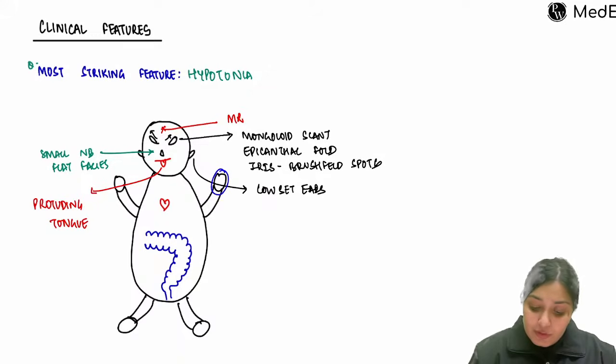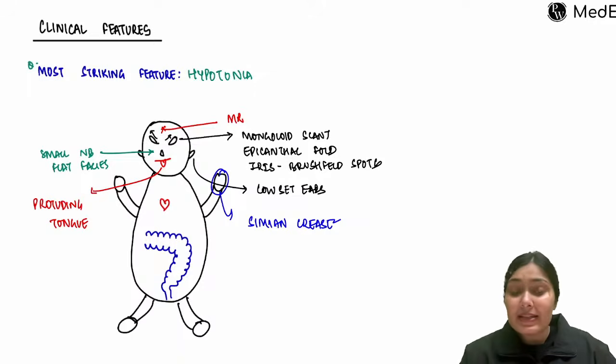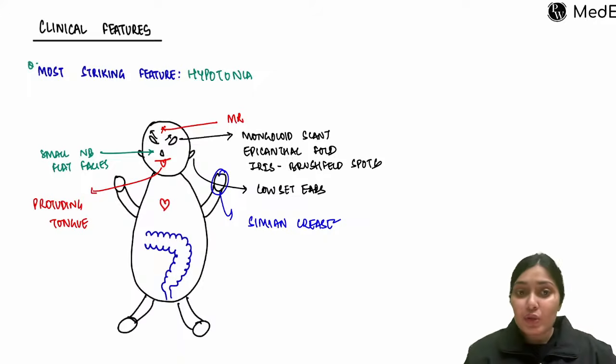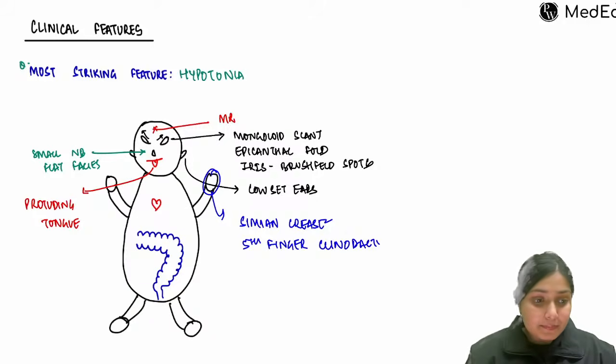Then let's come down to the hands. In the hands, you see a simian crease. What is a simian crease? You see a single transverse crease in the hands, that is a simian crease. Also the fifth finger, the little finger, is very long and claw-like. This is known as fifth finger clinodactyly.